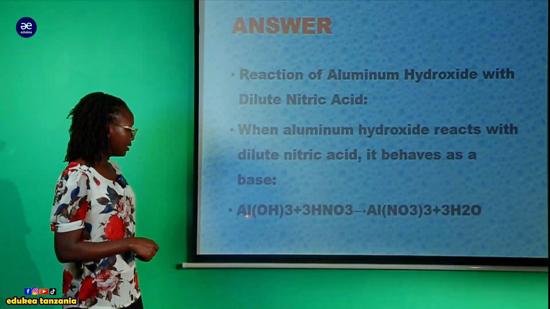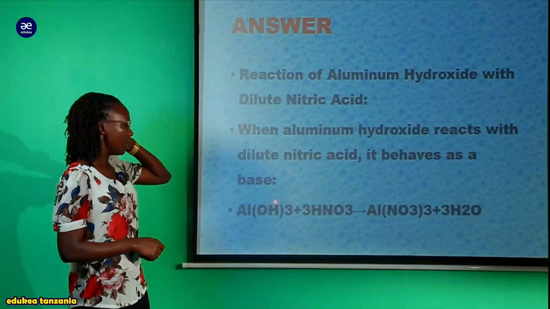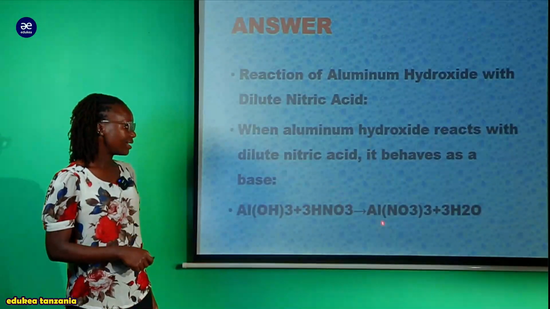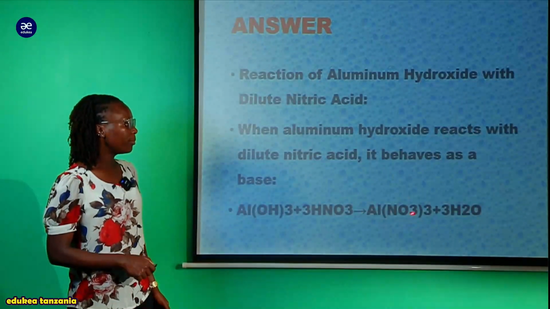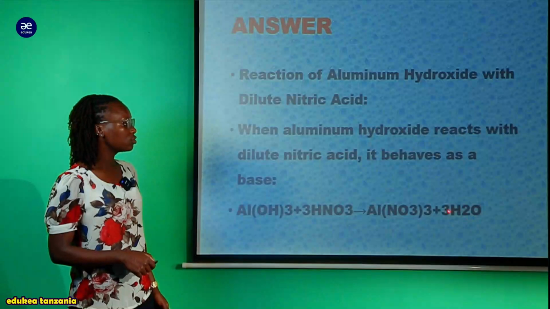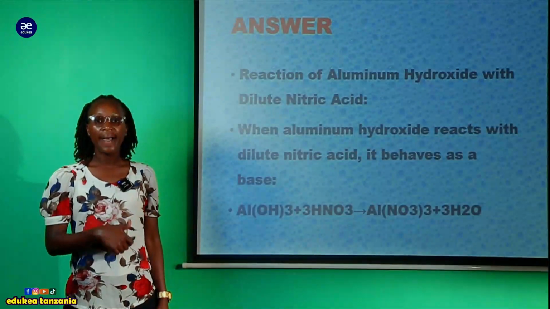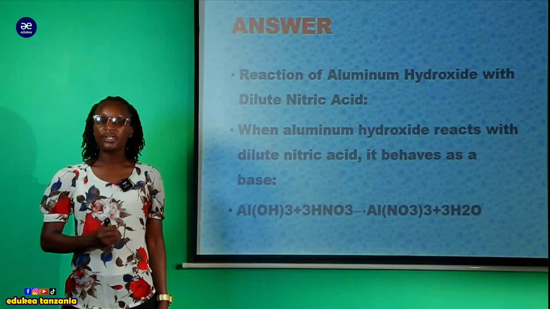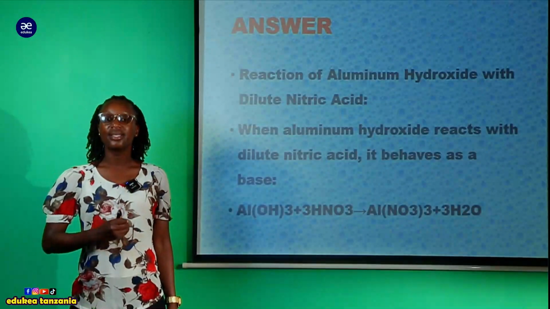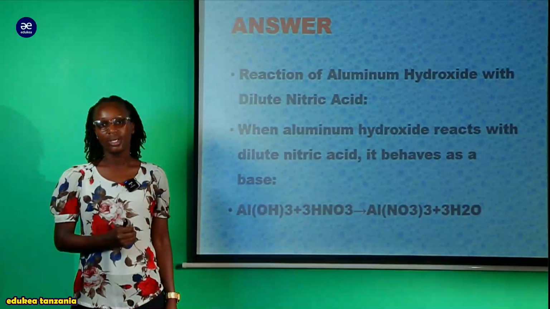So you can see that this one aluminium hydroxide anareact na nitric acid, tunaenda kupata aluminium nitrate, but also we are going to have the water molecule. Kwa hiyo hapa aluminium hydroxide ameact as what? As a base compound.